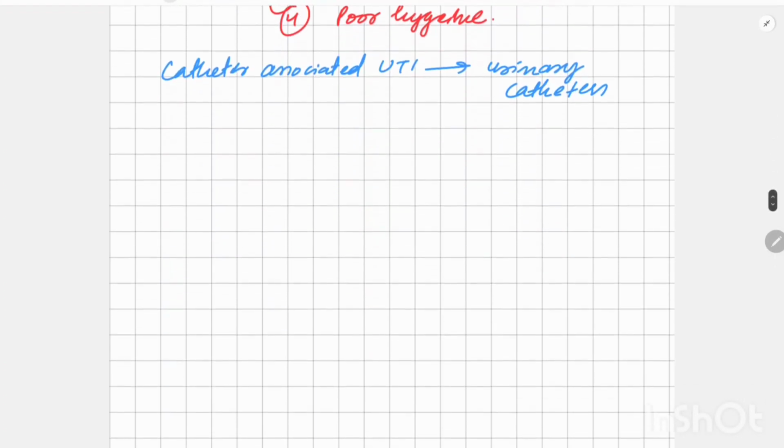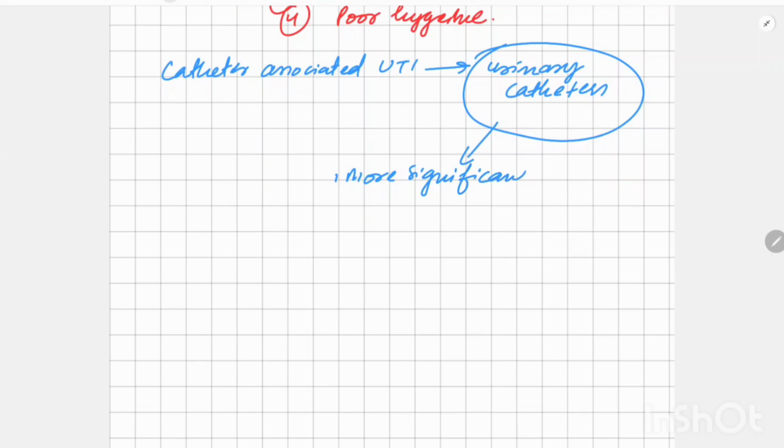The thing with this catheter associated UTI is that it's more significant and it's challenging to treat. Okay, now we will discuss what the symptoms of the infection UTI are.